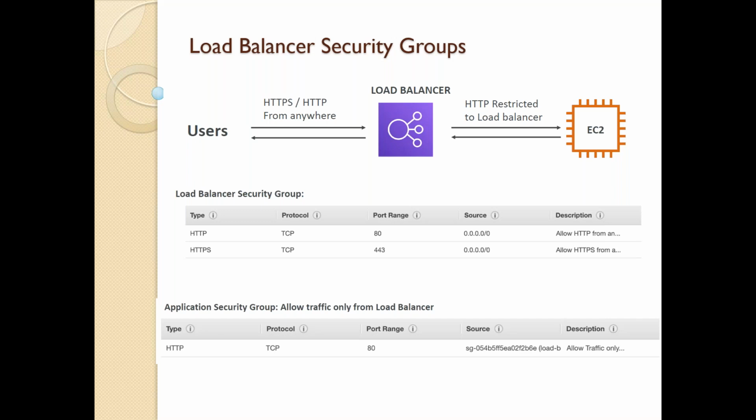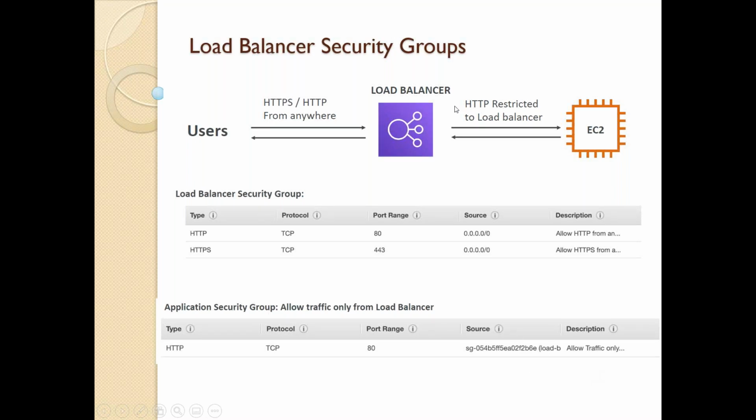Only the load balancer will route our traffic to the servers where the Google pages are hosted, but we cannot access those servers directly, even though you know the IP. If the IP is, say, 1.2.3.4 for this EC2 machine, even though it is public and you have a key pair, you cannot access it because of this particular rule. That is how you can restrict.